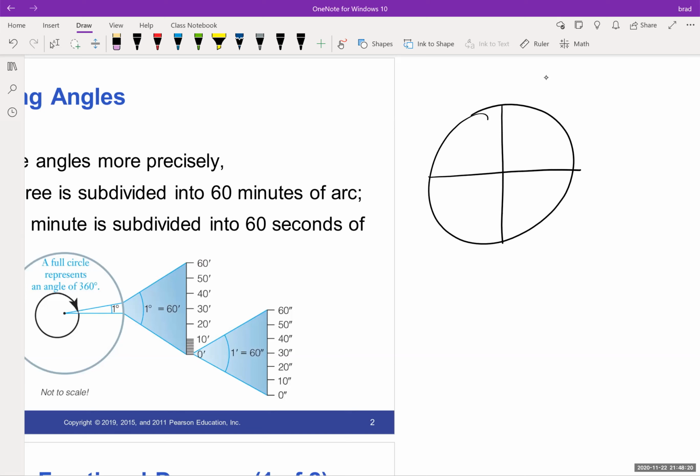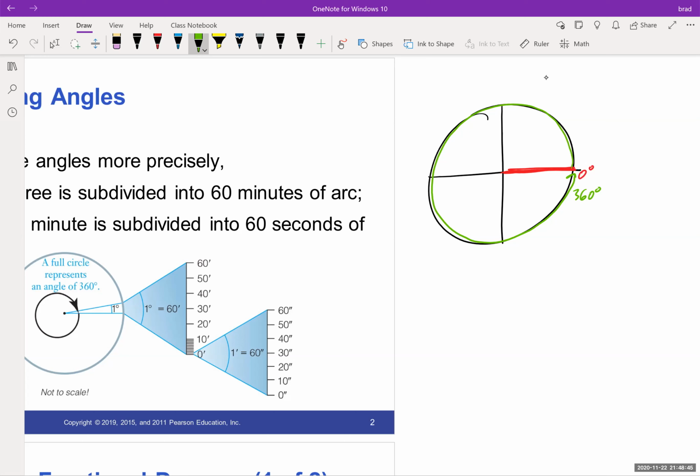But we can always say in general, when we're measuring an angle, it starts right here, and this is 0 degrees. Then if we rotate all the way around and do one full rotation, that is 360 degrees. So 0 degrees and 360 degrees end in the same location, but 360 degrees tells you that you go all the way around.